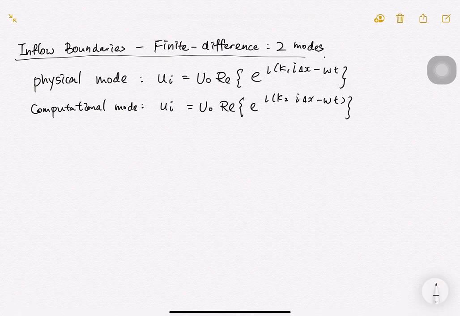And then we know that K2 delta x equals pi minus K1 delta x.